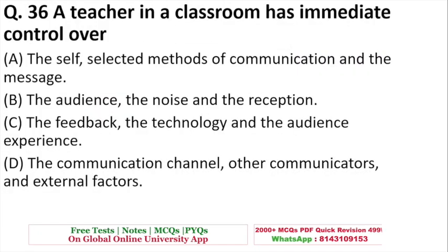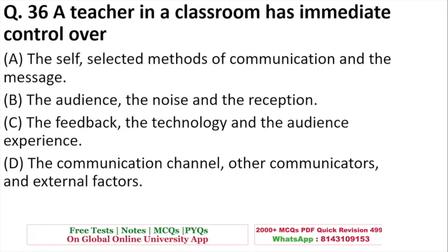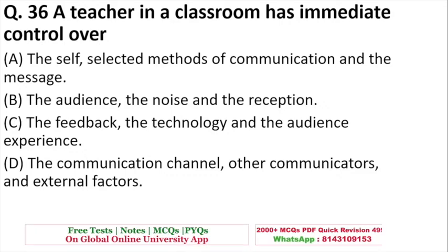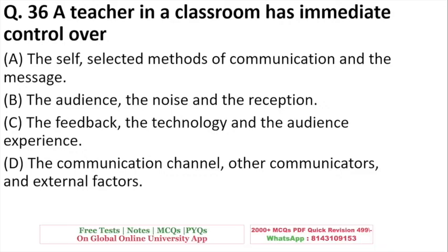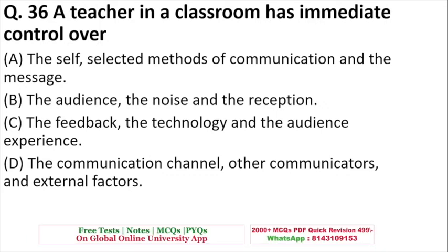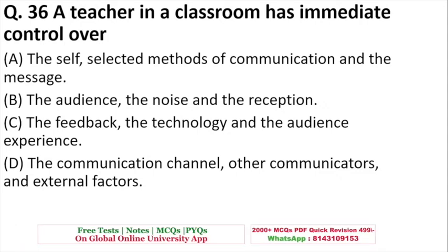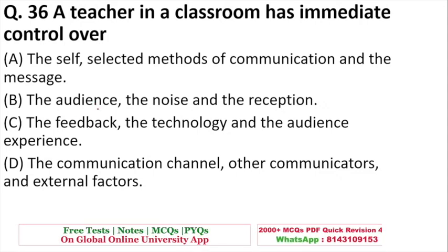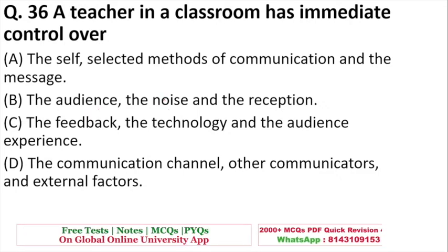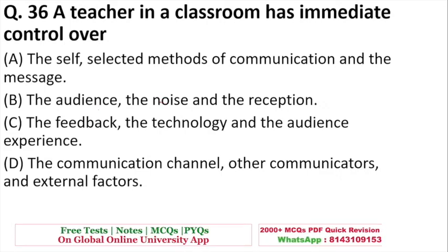A teacher in a classroom has immediate control over... what is it that the teacher has immediate control over? A teacher in a classroom has immediate control over herself, selected methods of communication and the message. Okay, a teacher does not have control over the audience or noise. Noise means something she's teaching and somebody's playing some songs near the school or the institution.